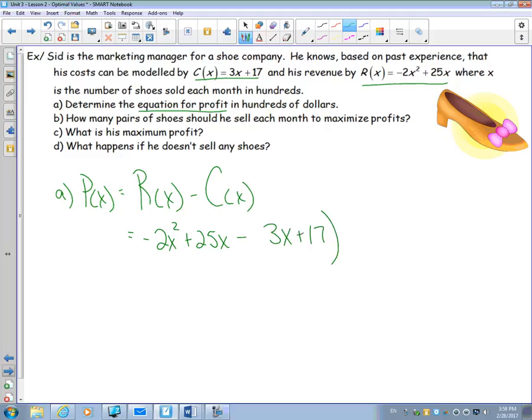Now, I need to put brackets on this to remind myself to subtract everything inside the bracket. So the equation is actually 22x and then minus 17 because I need to expand that bracket. There's our profit.